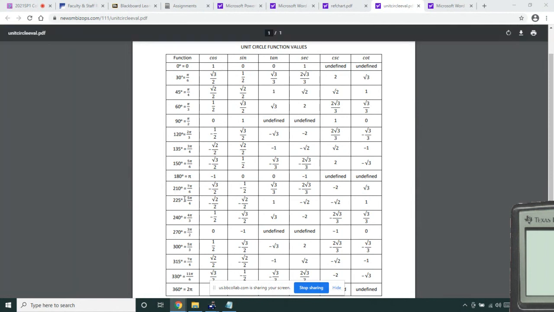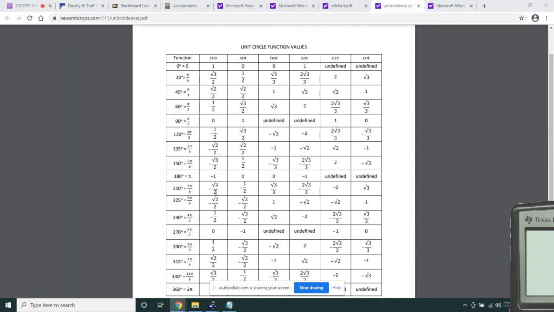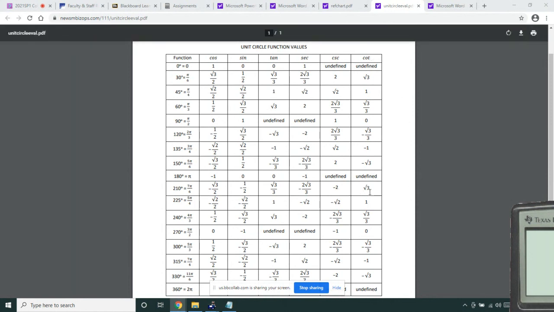The cosine for 210 degrees is negative square root of 3 over 2, which is what we have. The sine of 210 degrees is negative 1/2. The tangent is square root of 3 over 3. The secant for 210 degrees is negative 2 square root of 3 over 3. The cosecant for 210 degrees is negative 2. And the cotangent for 210 degrees is the square root of 3.